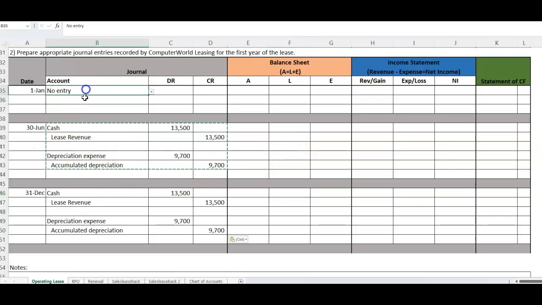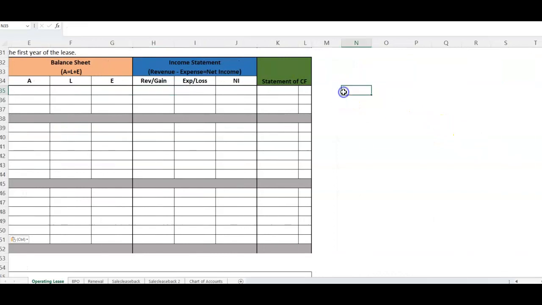Now, if we had recorded this, so say our first payment was due on day one, we would have done cash and deferred. Here we would do deferred revenue, lease revenue, and then cash and deferred again because we'd receive another payment. So you'd actually add a little bit of a step there. If we had received payment on day one, what would we do?